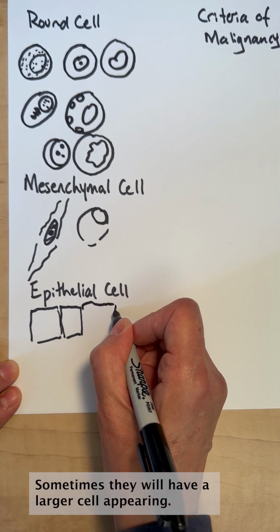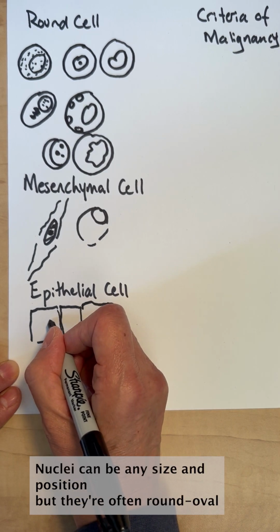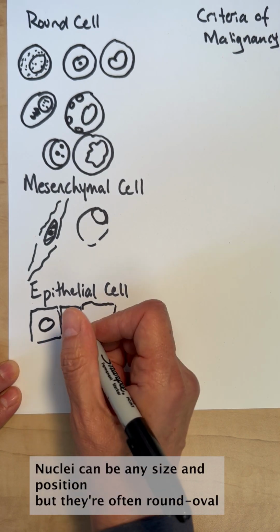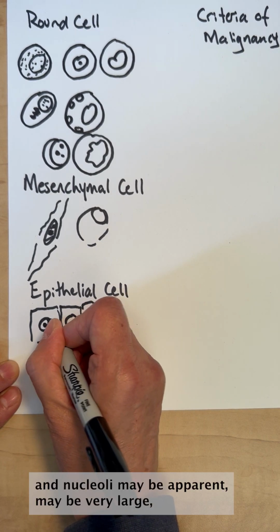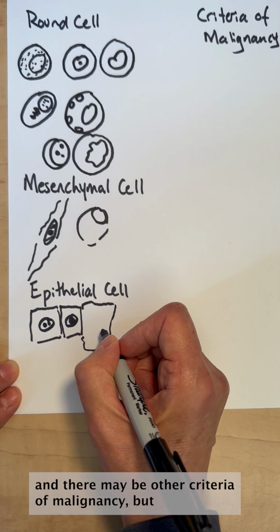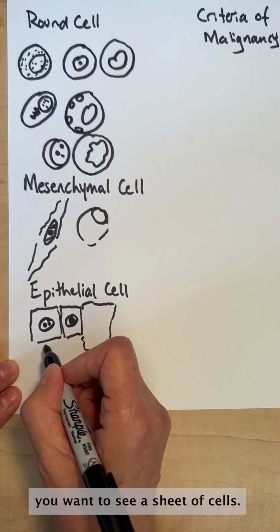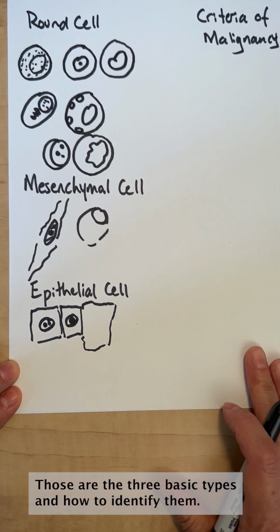Sometimes they will have a larger cell appearing. Nuclei can be any size and position, but they're often round oval, and nucleoli may be apparent, may be very large, and there may be other criteria of malignancy, but you want to see a sheet of cells. Those are the three basic types and how to identify them.